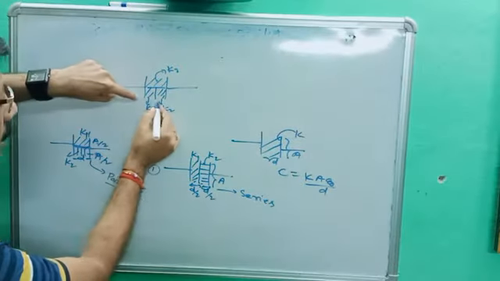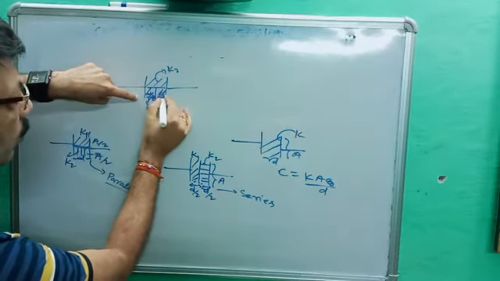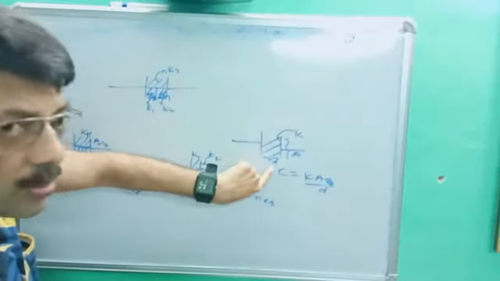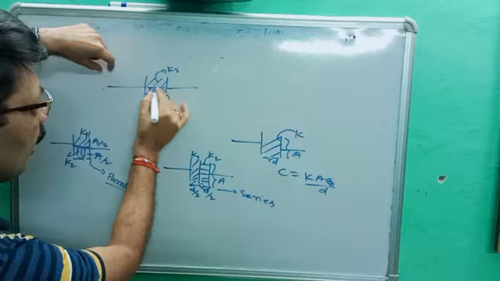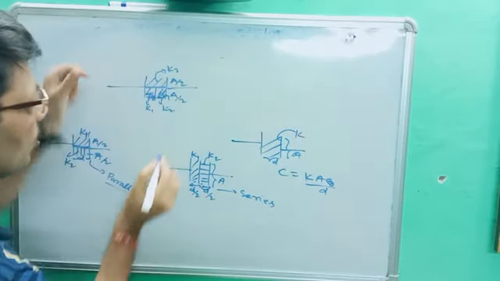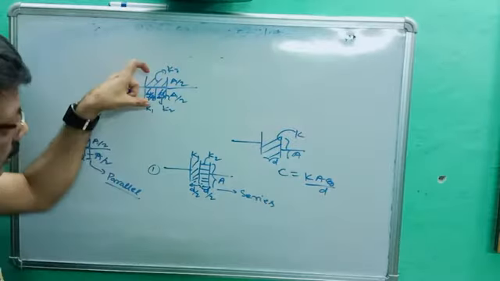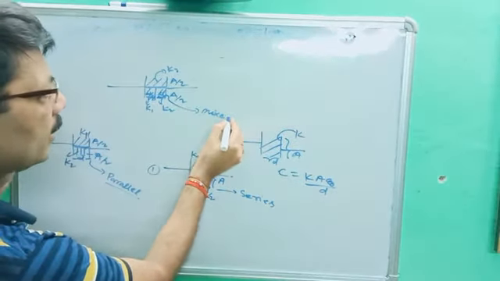So here you can see the distance becomes half and half, the distance is divided d by 2 and d by 2, because you better know the distance was d, it becomes d by 2, d by 2. Here the distance is d, but the area you are cutting from here, area also becomes A by 2 and A by 2. So no doubt they are in series but they are also in parallel. So this is called mixed combination.